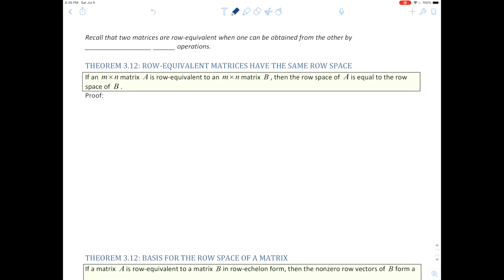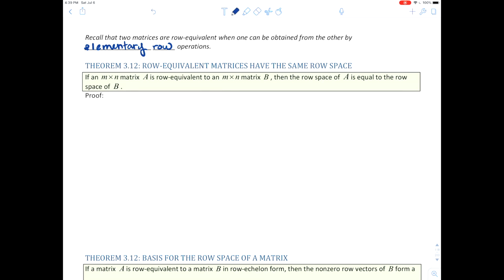Now, recall that 2 matrices are row equivalent when one can be obtained from the other by elementary row operations. So this brings us to our next theorem, 3.12. Row equivalent matrices have the same row space. This is a super important concept.